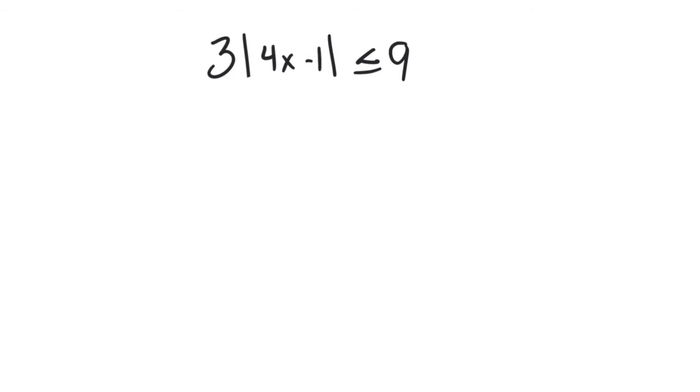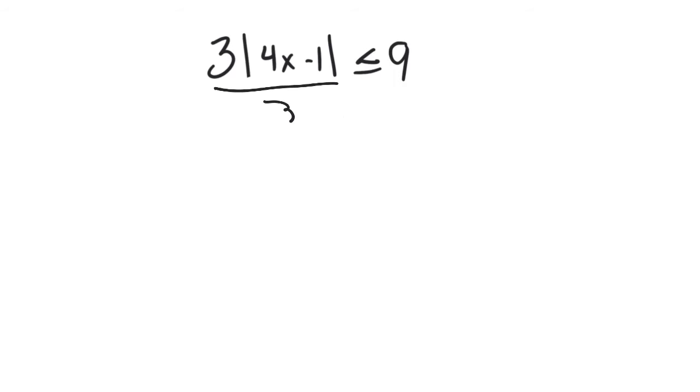Now let's look at our regular types of problems that we're going to see. Now we've got 3 times the absolute value of 4x minus 1 is less than or equal to 9. So since this is less than or equal to 9, first thing we need to do is start simplifying.